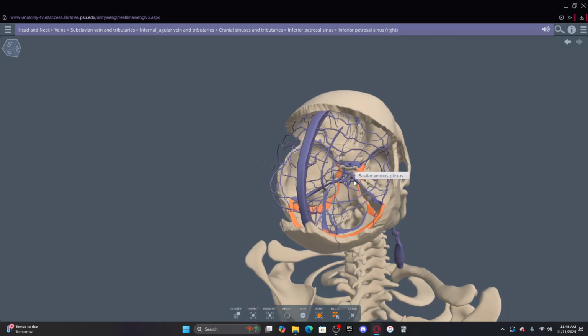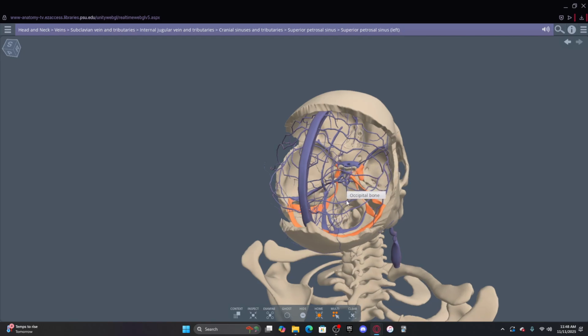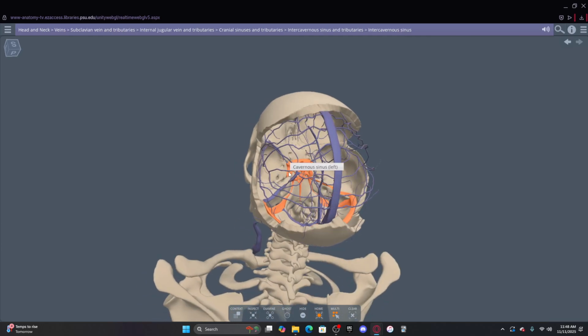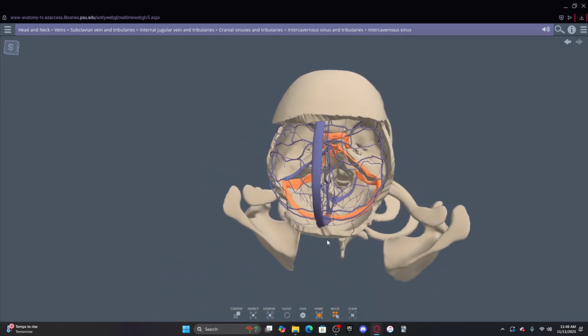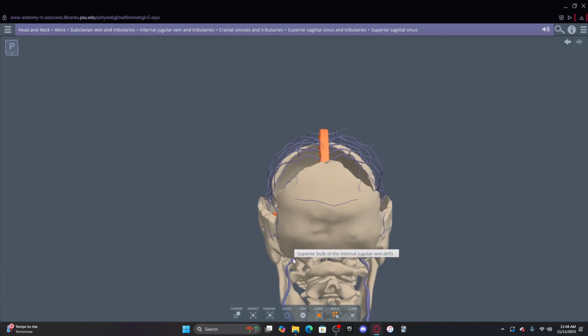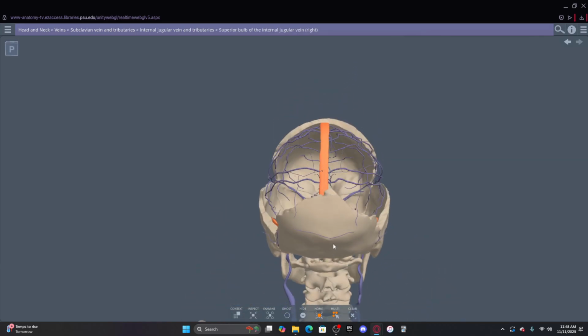So don't worry about all these connection branches, because our cavernous sinus is draining into the internal jugular vein through all these other structures you don't need to worry about. All of these structures are draining into the internal jugular vein.